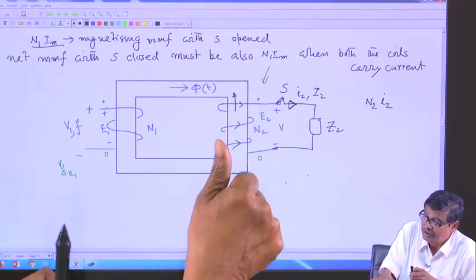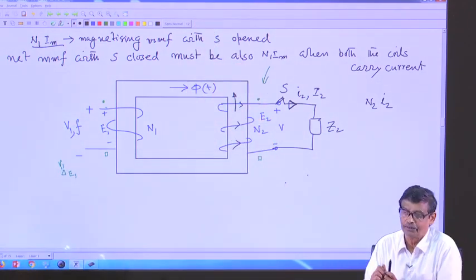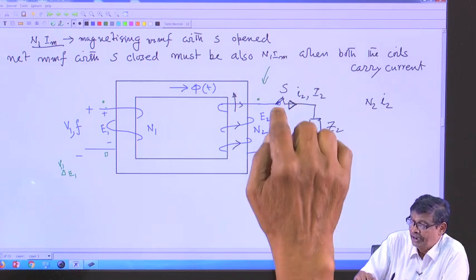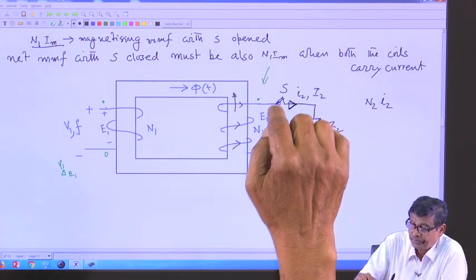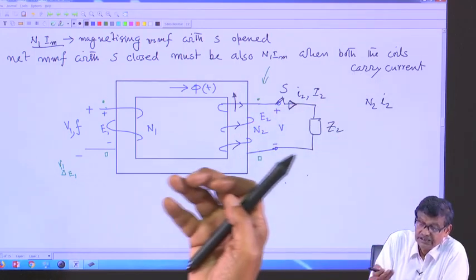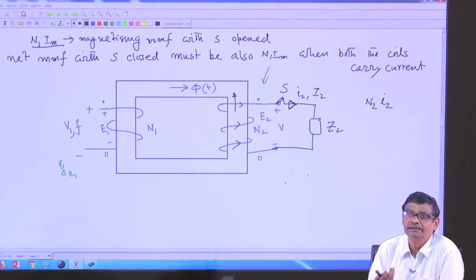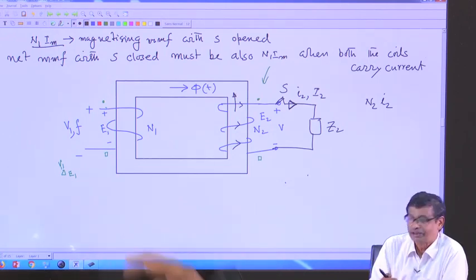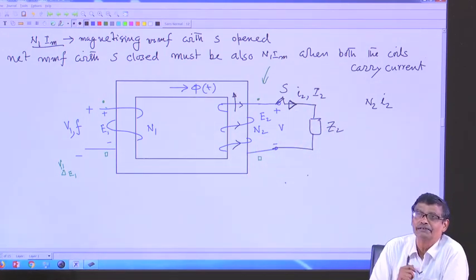Your thumb rule, it tries to create flux in the opposite direction. Therefore, when you close the secondary switch like this, your primary cannot be an idle spectator, mere spectator to this event that you are doing this.